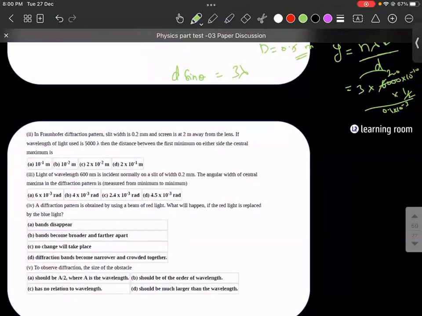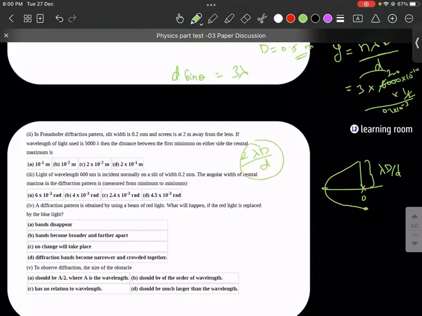So what will be the answer? If this is the center, where is the first minimum formed? So what will be the distance? This is where the first minimum is formed, lambda into capital D divided by d.